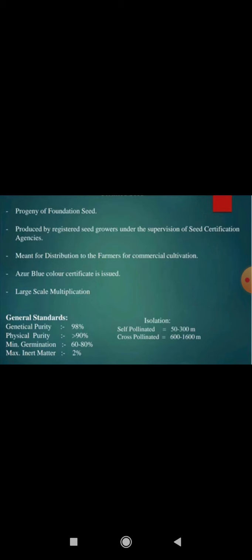There is seed inspection, which is done by seed inspectors. Why the seed inspection? To check the physical and genetic purity. If both are okay, then it will be certified by the seed inspectors. Its tag color is green, and its size is 15 by 10 centimeters.